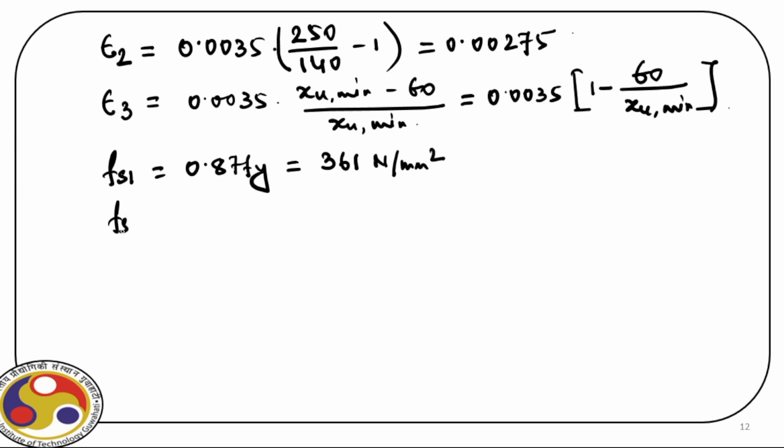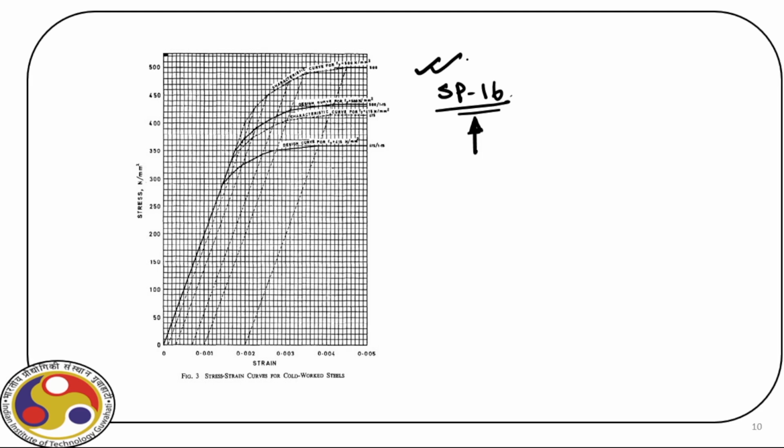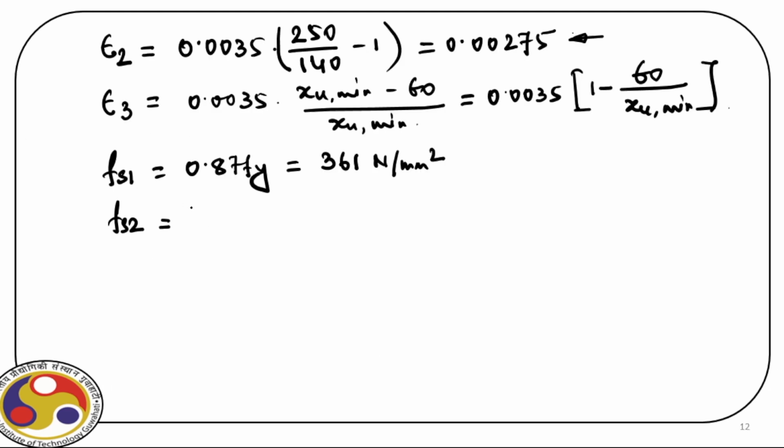Similarly, Fs2 is corresponding to this value of strain. So we have to go back to that diagram here, and from that we have to figure out the strain. If you do that, Fs2 is 351.7 Newton per millimeter square.